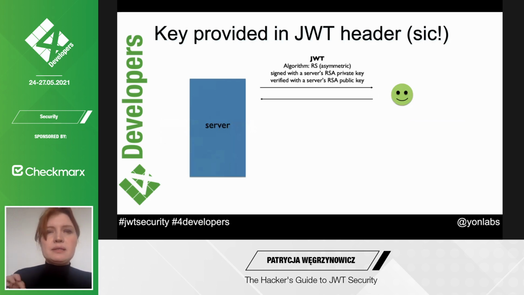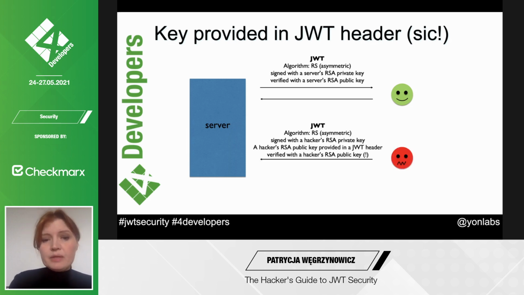Let's take a look at this scenario. Basically, for a regular user, the token is signed with a server RSA private key and verified with the server's RSA public key.